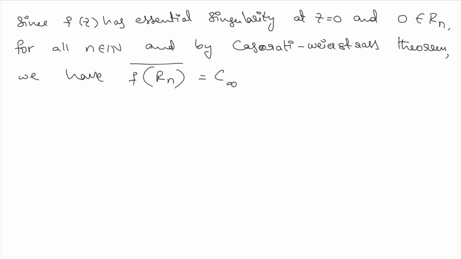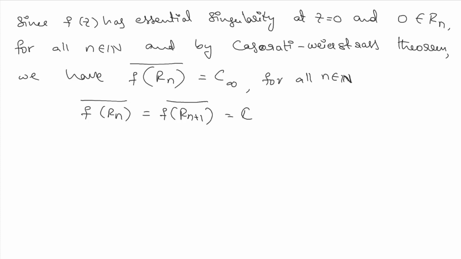And this is for all n belonging to the natural numbers. So from this we can say f of Rn whole closure equal to f of Rn plus 1 whole closure equal to C infinity.